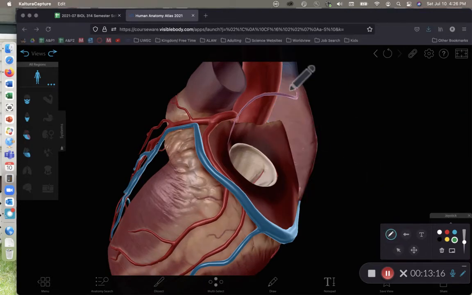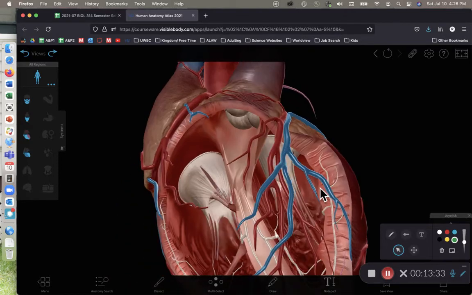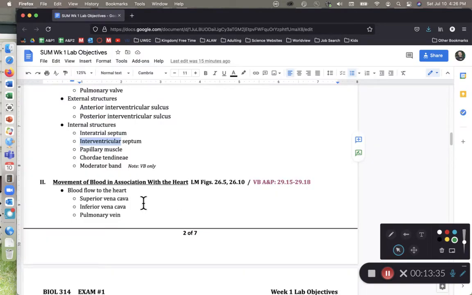This surface that I'm tracing is a wall of muscular tissue that separates the left and right atria from each other, and that's referred to as the interatrial septum. Within Visible Body, you will not be able to click on that structure. We also have some other structures that you need to know: the papillary muscles, the chordae tendineae, and the moderator band.